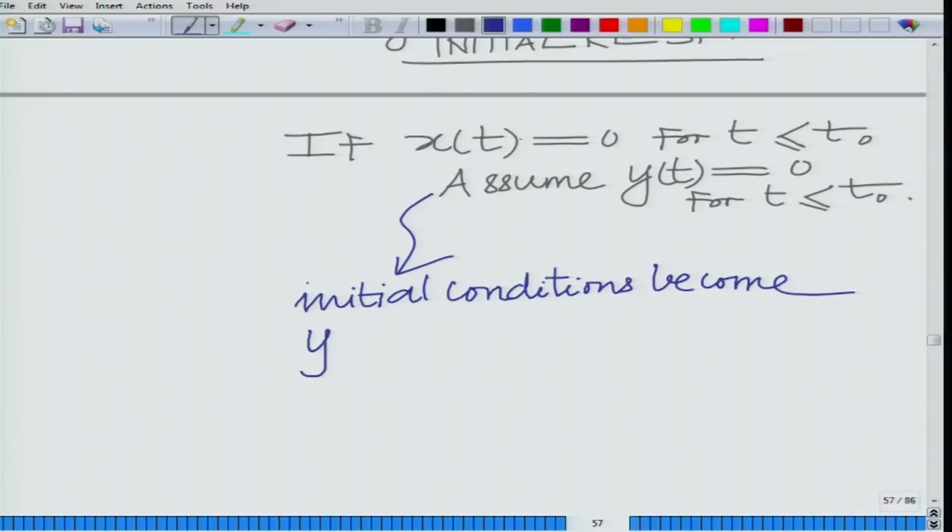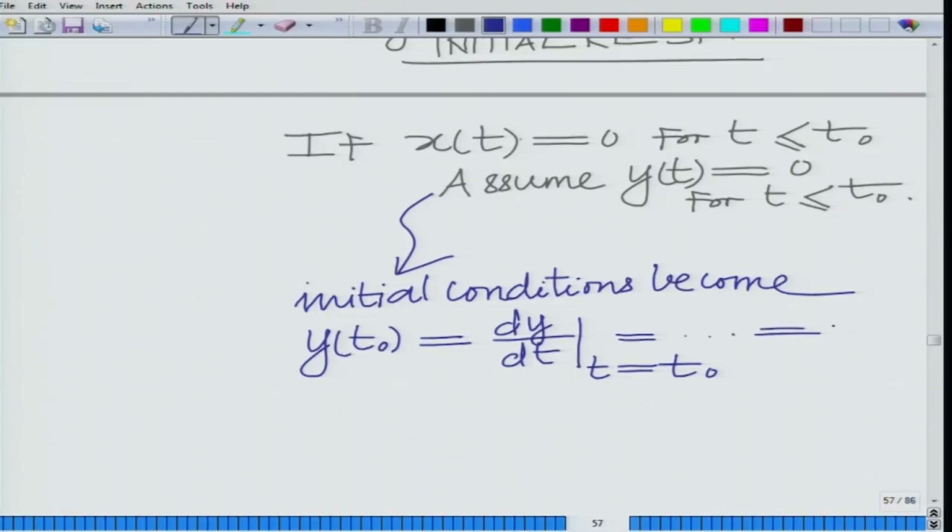And therefore, the initial conditions become: y(t naught) equals dy/dt evaluated at t naught and so on, that is, the output signal at t naught and its various derivatives of various orders until the (m minus 1)th, equal to 0.